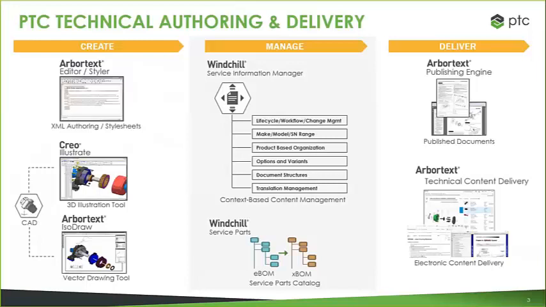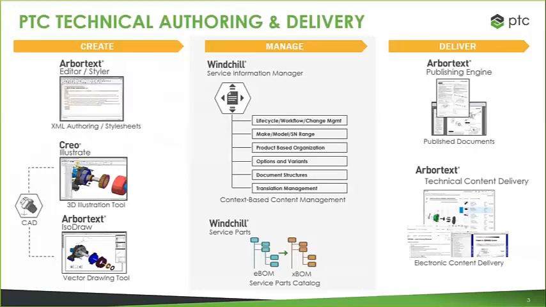Creo Illustrate can consume 3D content that you may have visualization from various different 3D platforms, including Creo Parametric. But if you have other supplier-based content that you're receiving in other formats, we can go ahead and consume that as well.